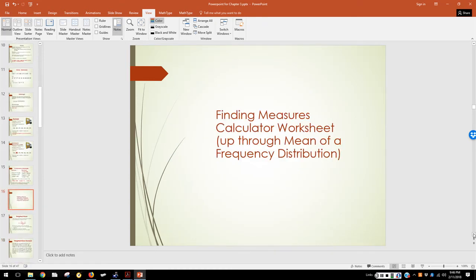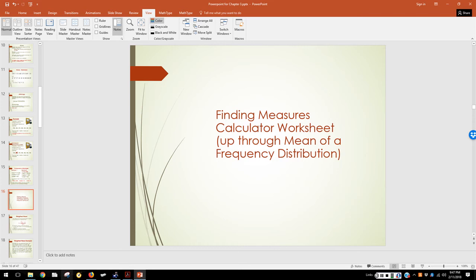So we're going to do the calculator worksheet. We're going to actually work through the first problem. We're going to begin actually finding the measures of central tendencies and the measures of variation.